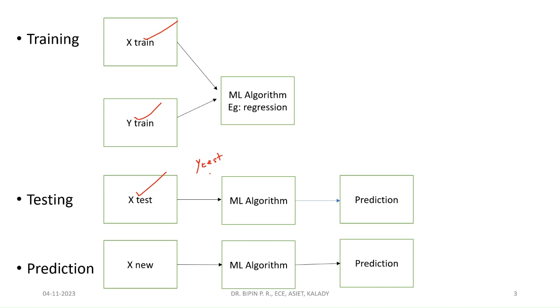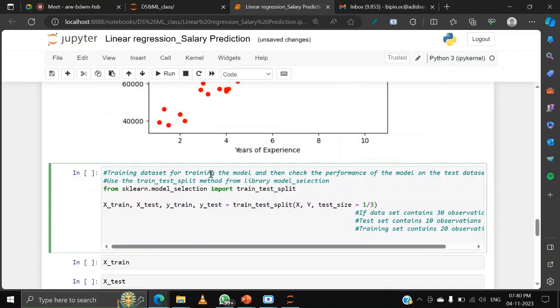So we need to split the input into train set and test set, both input and output. So X train, X test, Y train, Y test, separated by comma.